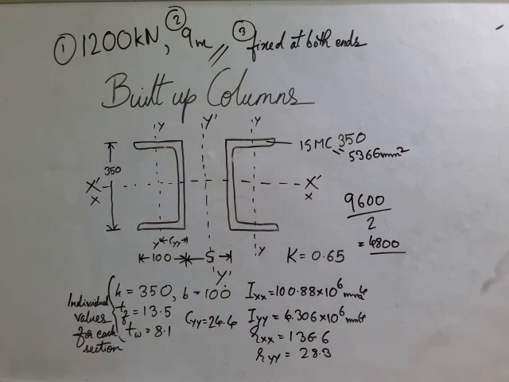So we have written the radius of gyration about x and y axes for the individual sections, and also the moment of inertia about both axes.